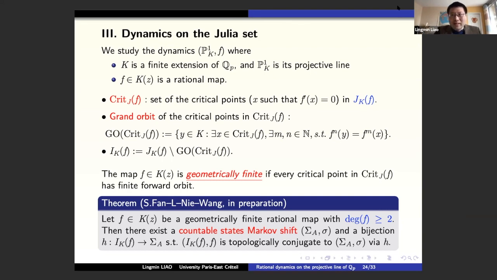Another thing is the definition of grand orbit. When you have a critical point, you have some critical orbit. The grand orbit is when you look at the orbit before and after: you can see other points that will go to this one.